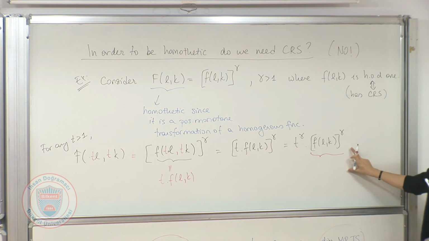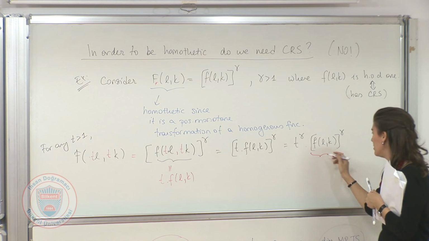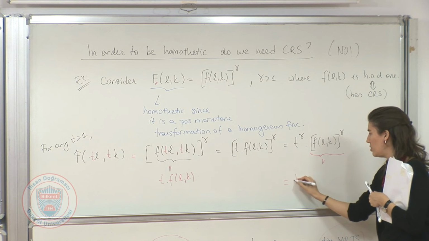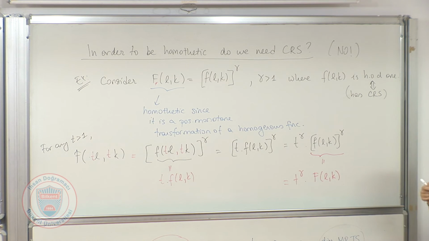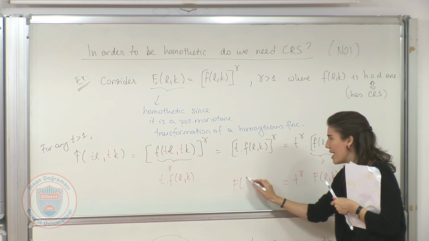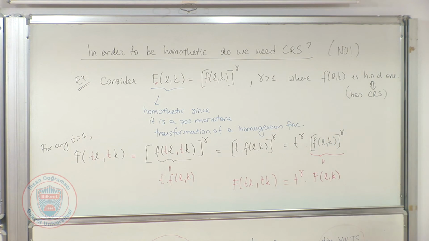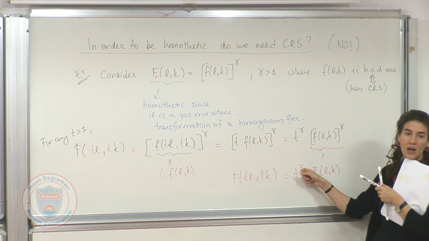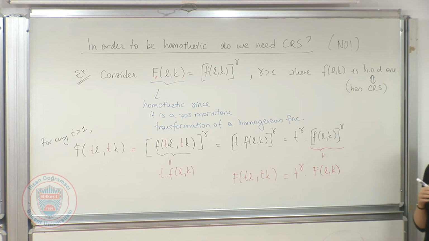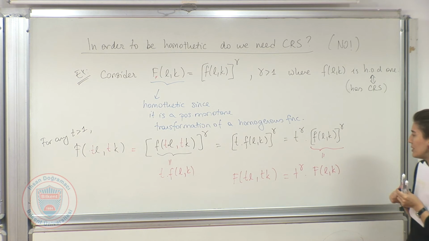Does it look familiar? So this is the capital F. When I multiply all the inputs by a constant t, this t pops out as t to the power gamma and this guy, the old function.